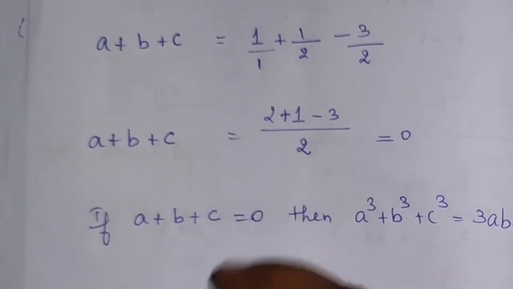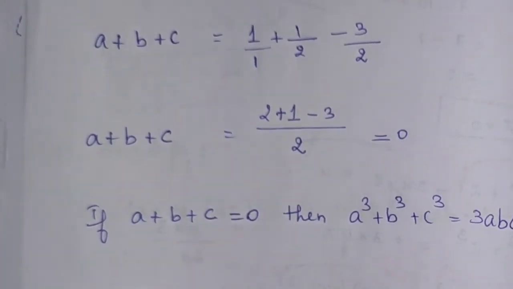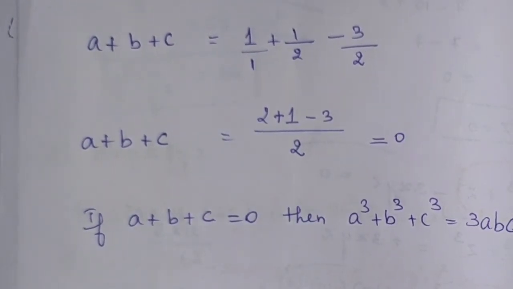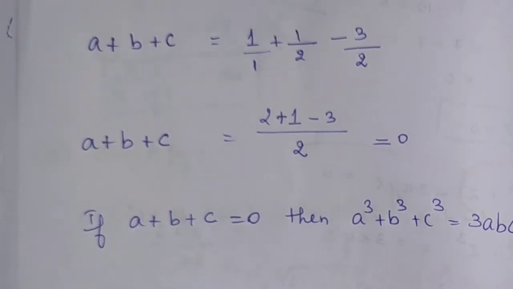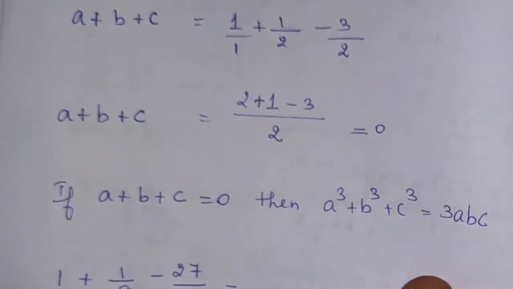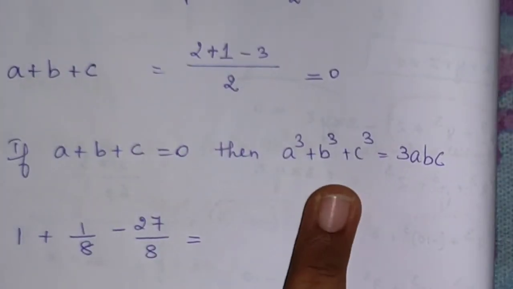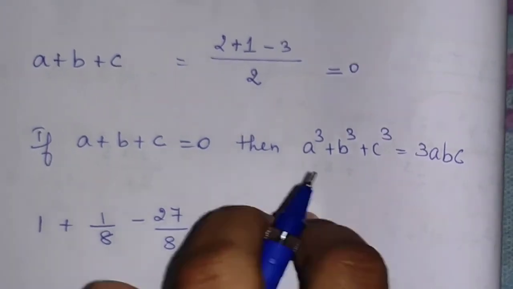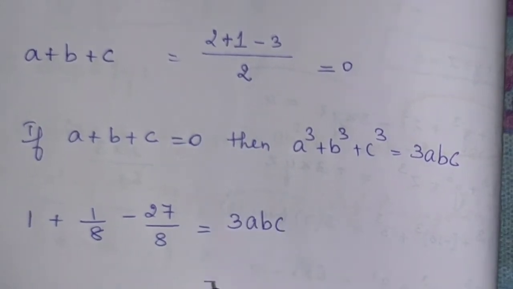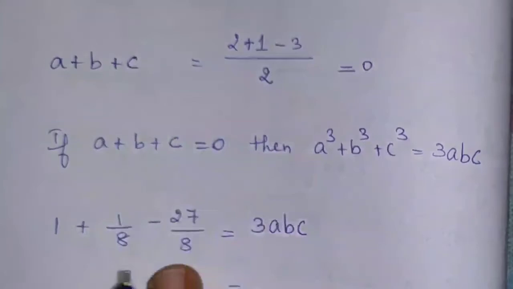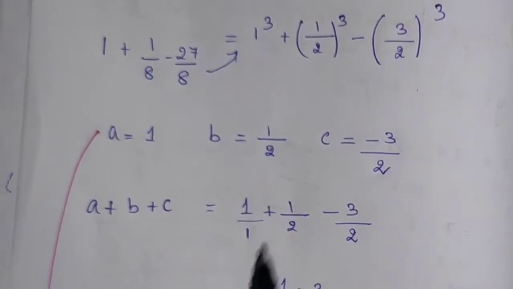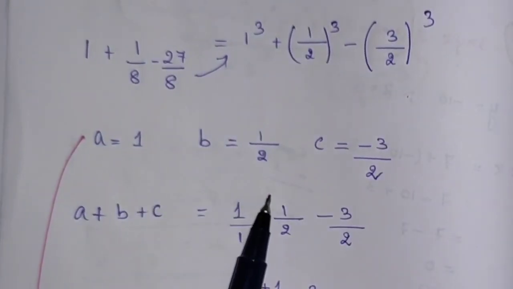Okay, so your question is 1 plus 1 by 8 minus 27 by 8. That is a cube plus b cube plus c cube is equal to 3 into a, b, c, right? Where a is equal to 1, b is equal to 1 by 2, c is equal to minus 3 by 2.